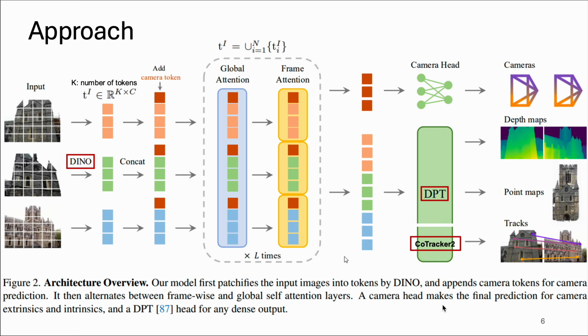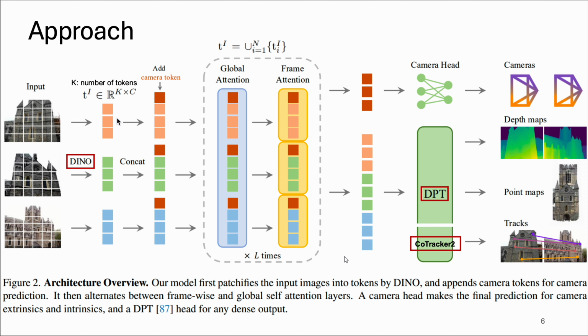Next, we take a look at the problem formulation. This was explained in figure 2. In figure 2, there is quite a clear structure. The input is a list of any number of images of the same scene. Then the authors choose DINO to patchify the input image into tokens.